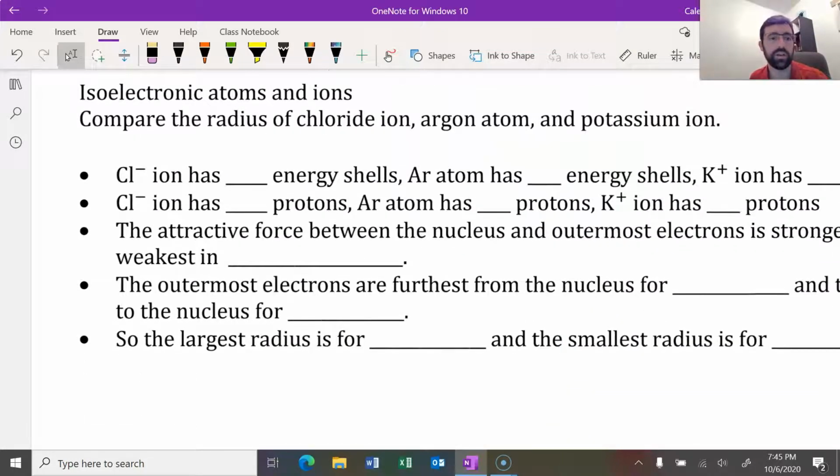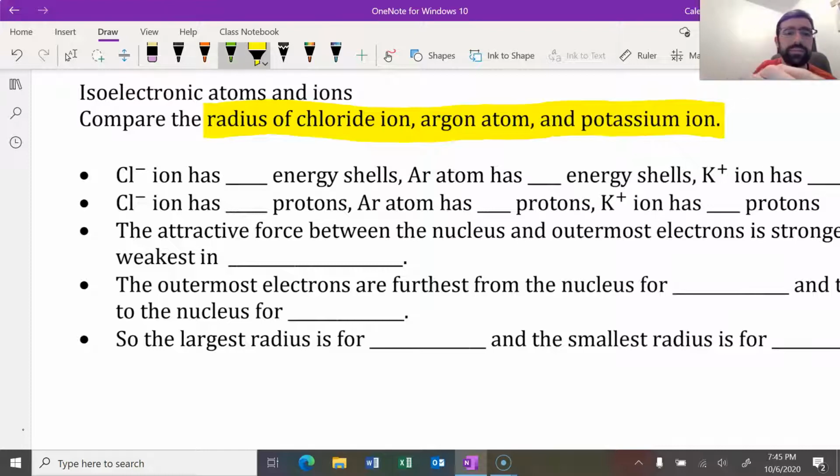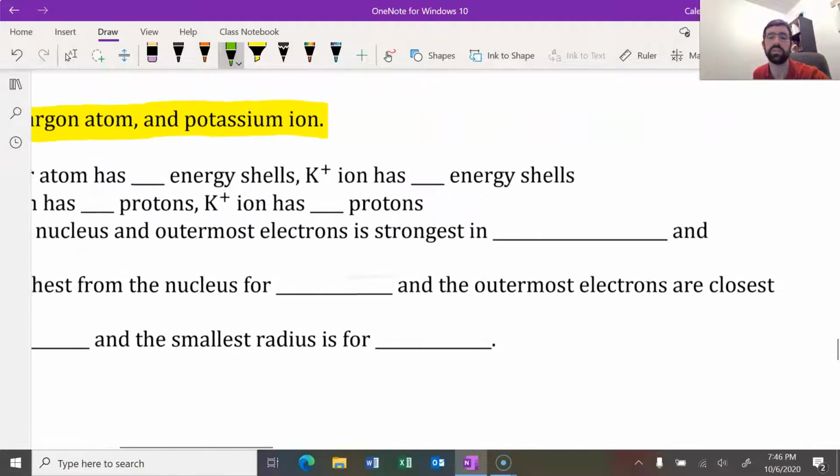All right, continuing, isoelectronic atoms and ions. We want to compare the radius of a chloride ion, an argon atom, and a potassium ion. The chloride ion has how many energy levels, and then argon, and then potassium? Let's look.